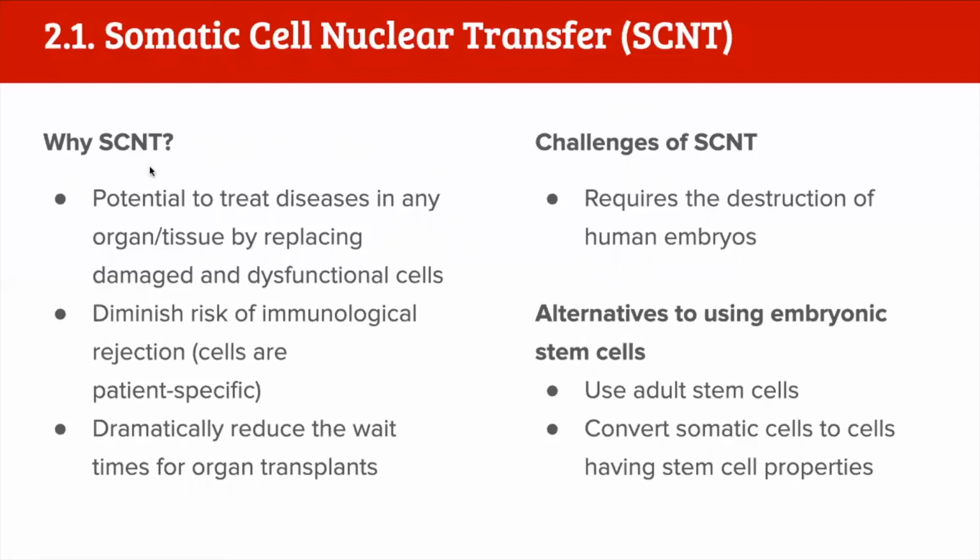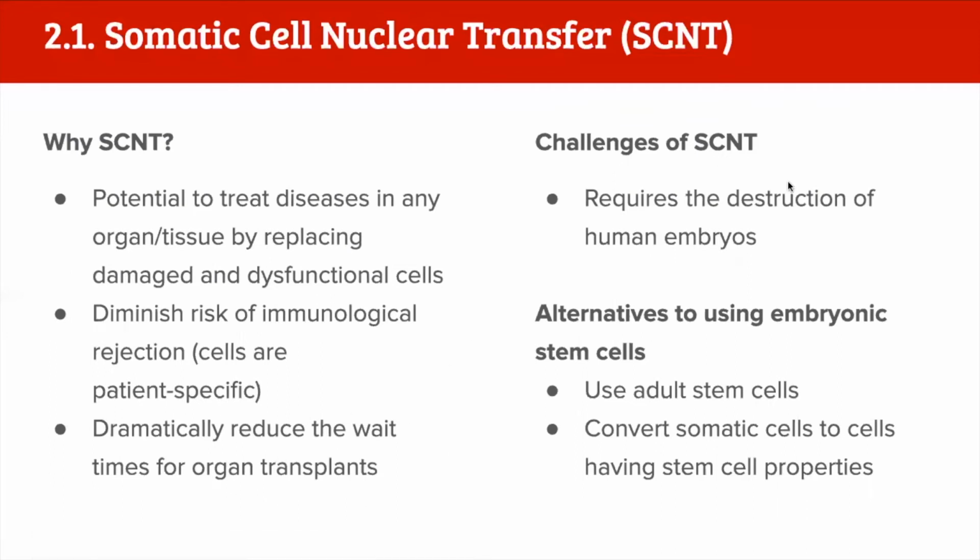What SCNT can do is replace those damaged cells, because you're essentially recreating that cell again, okay? And then you can also, as I said before, diminish the risk of immunological rejection because the cells are patient specific, and you can dramatically reduce the wait times for organ transplants, okay? Because you don't need to wait for donors or donor organs to be available. You can just create it in the lab.